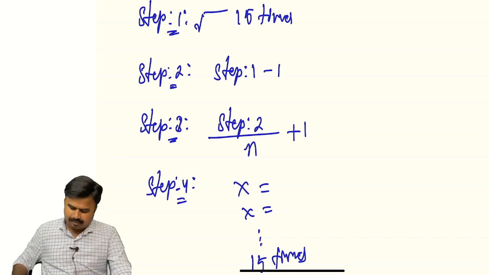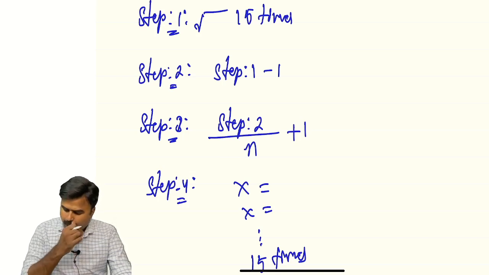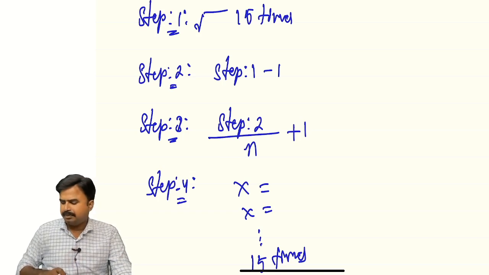Plus 1. Then multiply and press equals 15 times: 1, 2, 3, 4, 5, 6, 7, 8, 9, 10, 11, 12, 13, 14, 15. I got 1.1597.